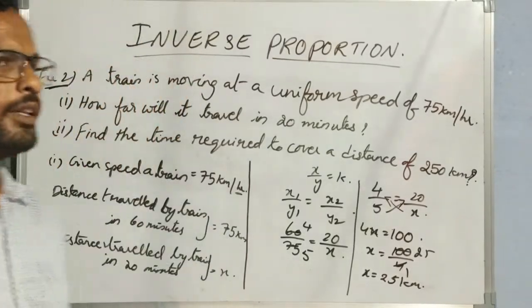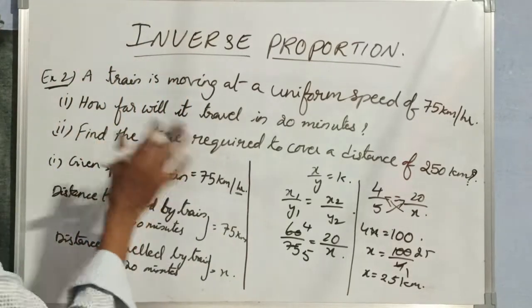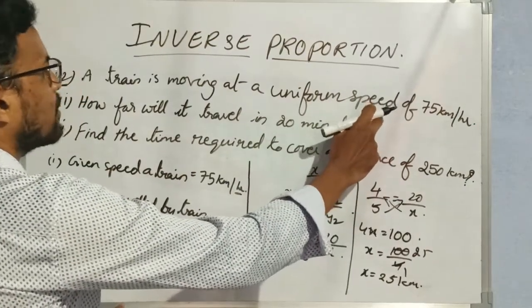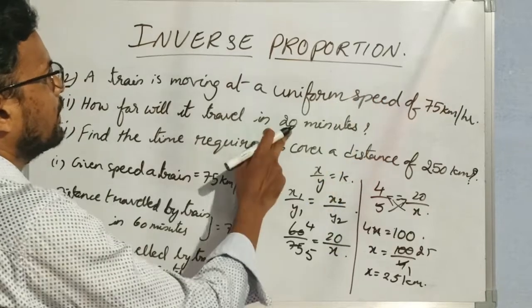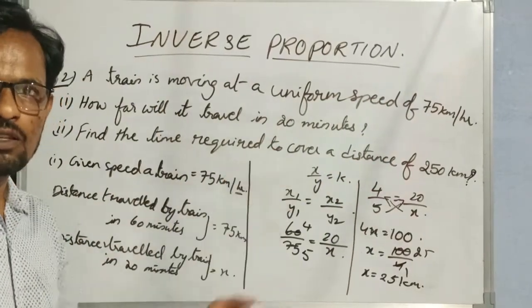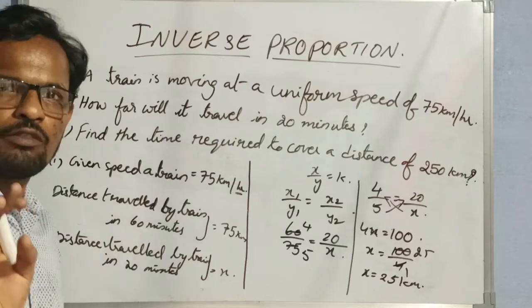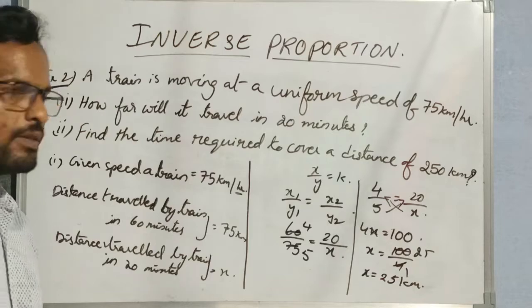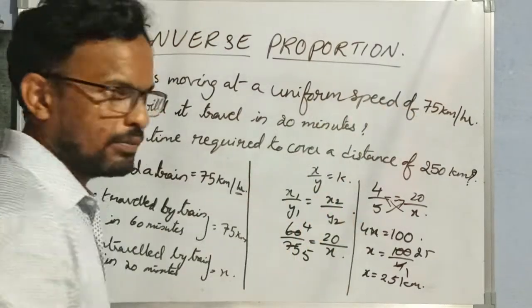Why have I taken this example? By seeing the speed you may get confused that this is speed and here 20 minutes, this is distance. Sorry, time and speed, so we should go for the inverse proportion method. But no, that is wrong. Always we have to understand the problem.